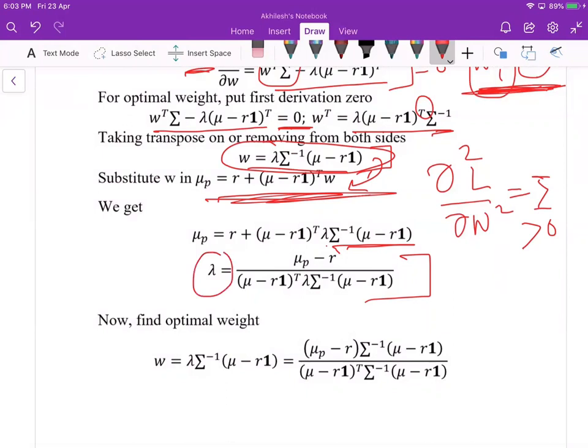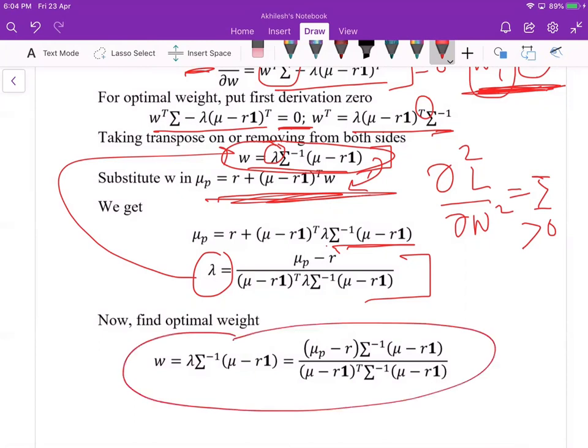So here we have the return on the portfolio, the return we want to achieve. Okay, return on the portfolio, and small r is the return on the risk free asset. And mu is the return on the individual asset.